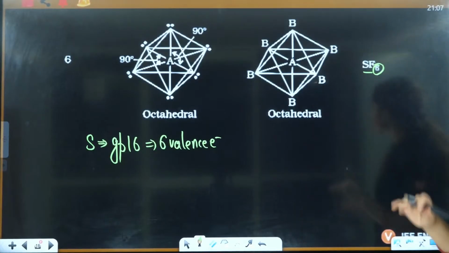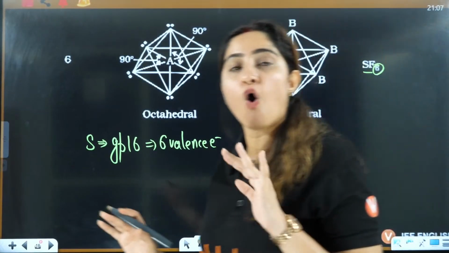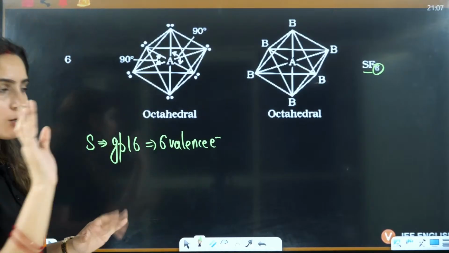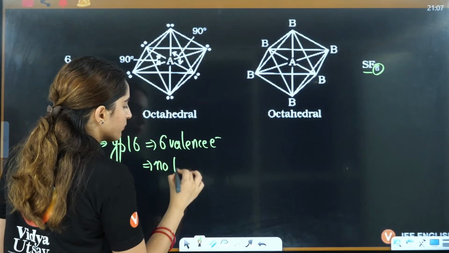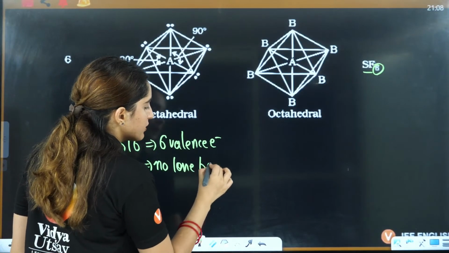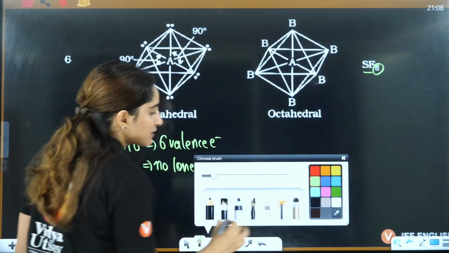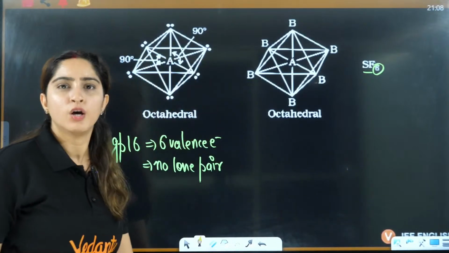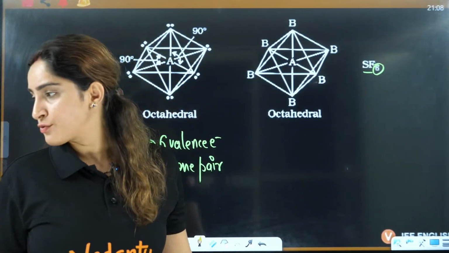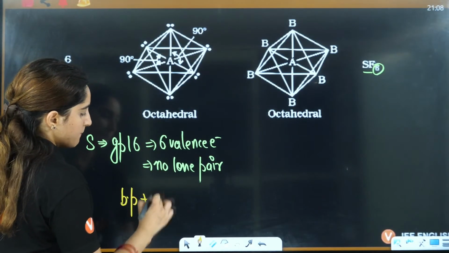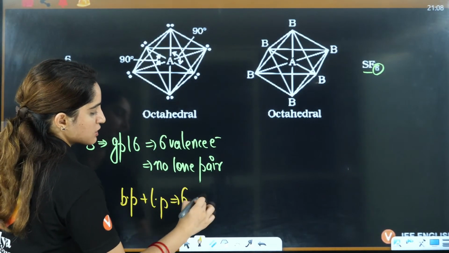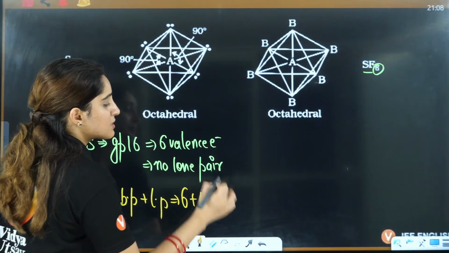SF6 means 6 valence electrons are occupied in forming bond pairs. They are busy, that means there will be no lone pair. And guys, if there is no lone pair, that means bond pair plus lone pair is going to be 6 plus 0, that is nothing but 6.